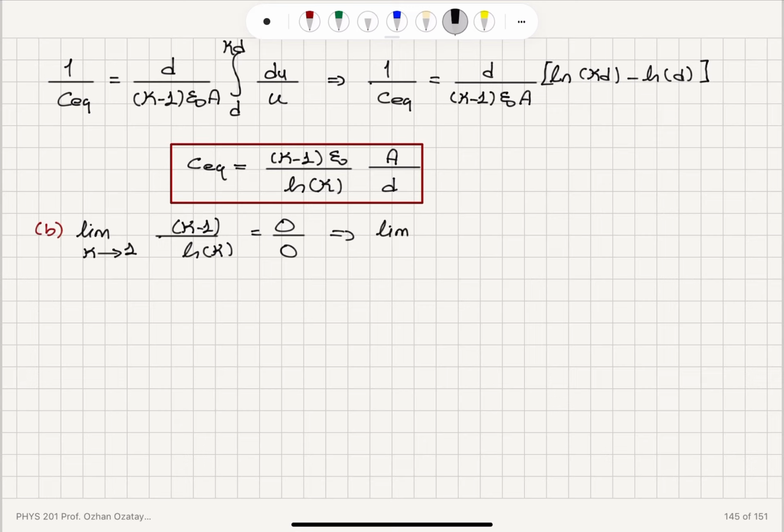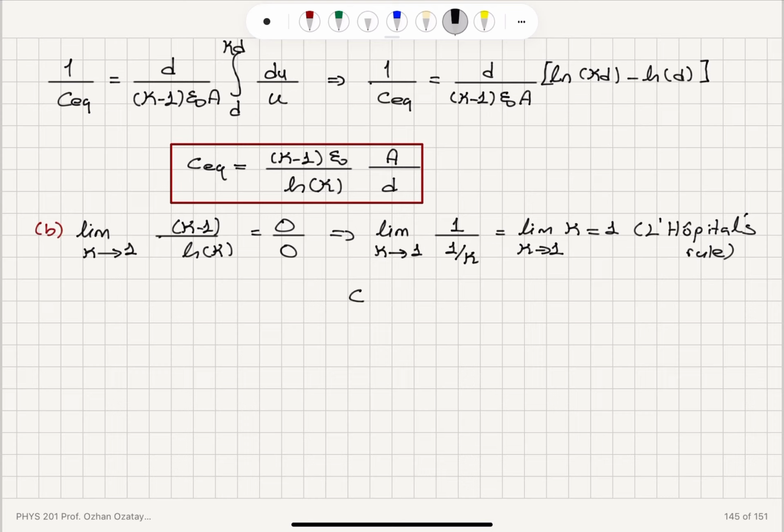The derivative of the top with respect to kappa is equal to 1. The derivative of the bottom is 1 over kappa. So that's going to become the limit as kappa goes to 1 of kappa, which is 1. So here I've used L'Hopital's rule: I take the derivative of the top and divide it by the derivative of the bottom in order to get rid of this 0 over 0 uncertainty.